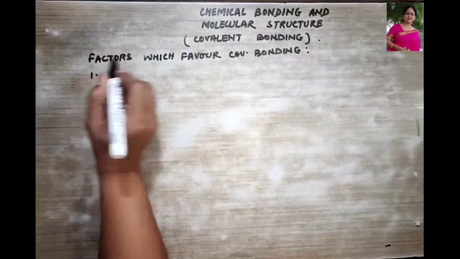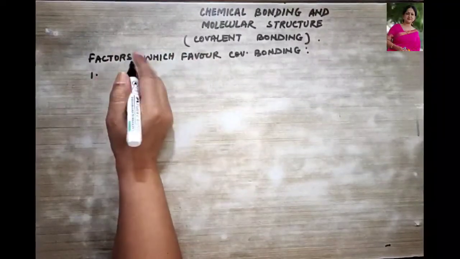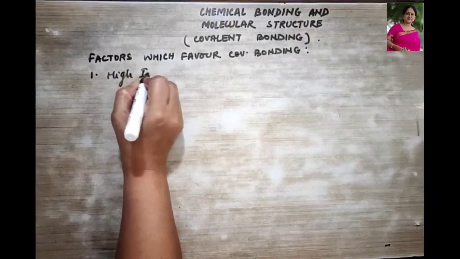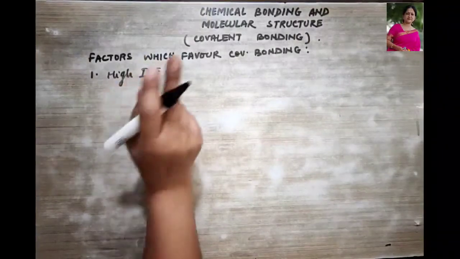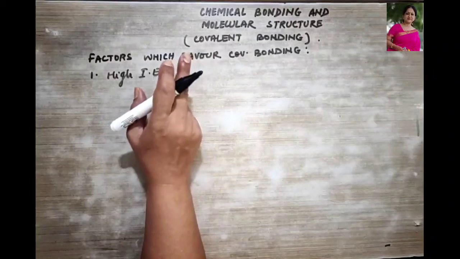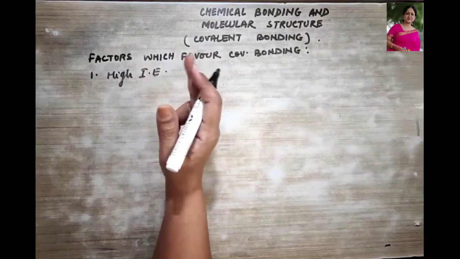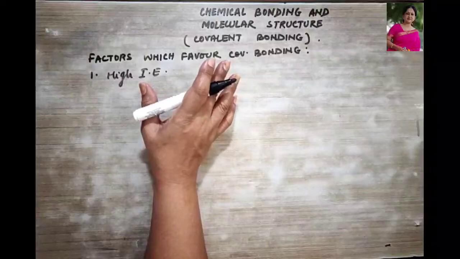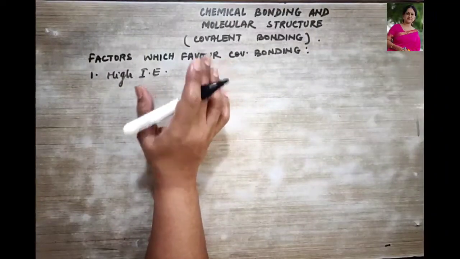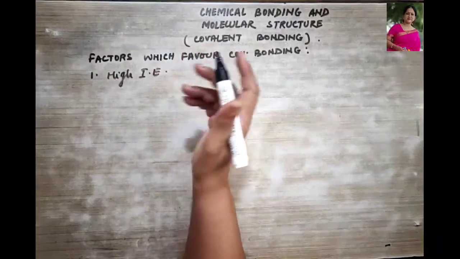The first point that favors covalent bonding is high ionization energy. Atoms having high values of ionization energy prefer to form covalent bonds. Why? Because they are unable to lose their valence electrons easily to form cations.